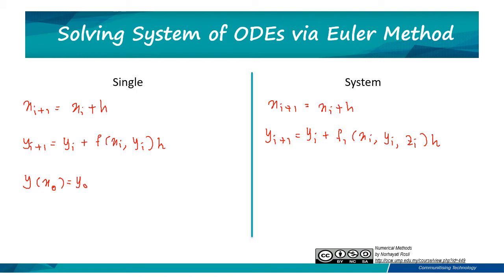And the third equation is how to calculate our z. So we have z i plus 1 is equal to z i plus f2 of x i, y i, z i multiplied with h. And we also have two initial conditions: y of x naught is equal to y naught, and z of x naught is equal to z naught.